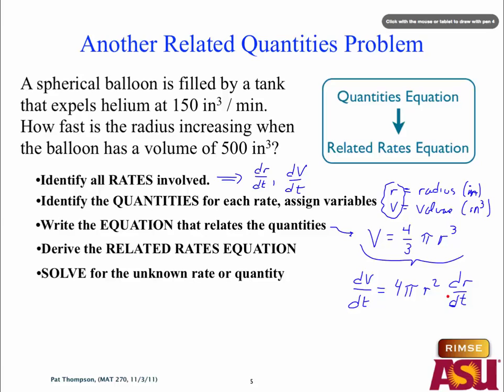What are we trying to find? This is the unknown now. That means we have to know or be able to figure out every other thing. So do we have dV/dt? What is it? 150. Do we have r?